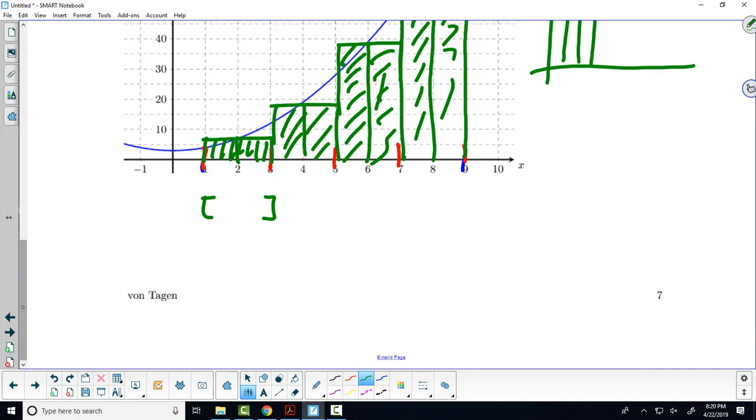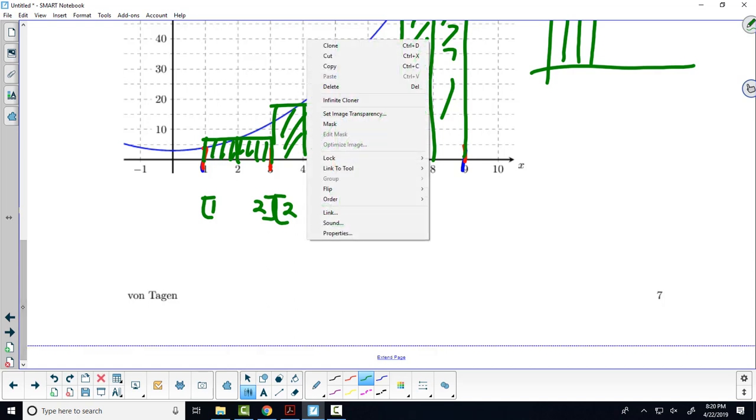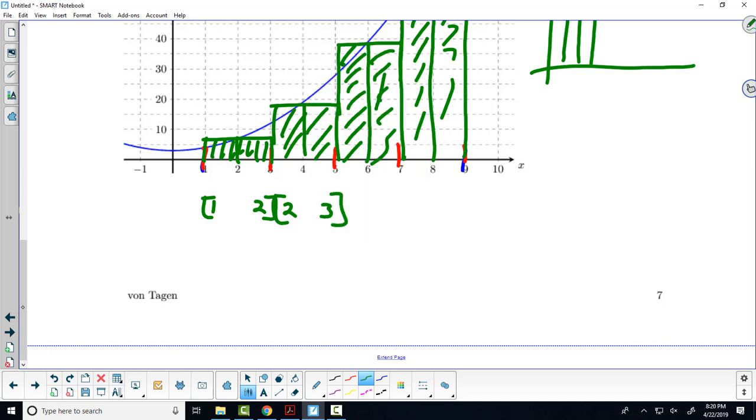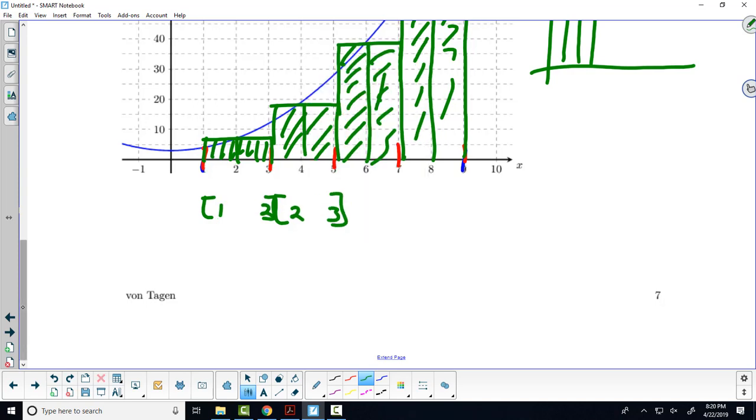The most you could ever do is, let's say this goes from 1 to 2 and this goes from 2 to 3. Maybe in this one you pick 2 and in this one you also pick 2. That could happen. But then in the next one, there's no way you could pick that 2 again. So there is the possibility of overlap, but it would only happen at the endpoints.